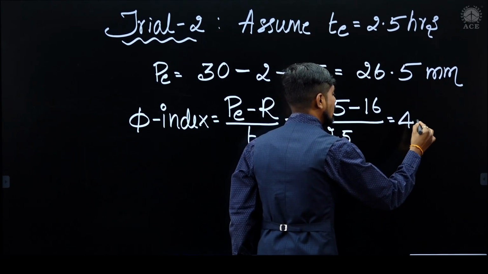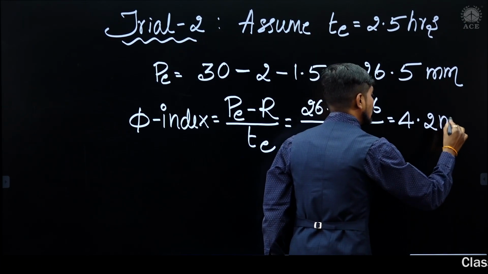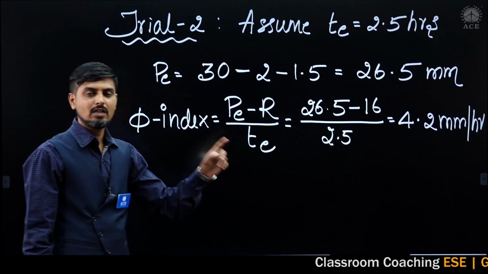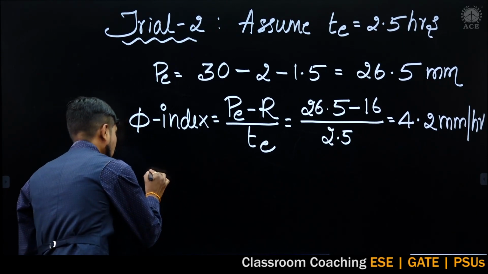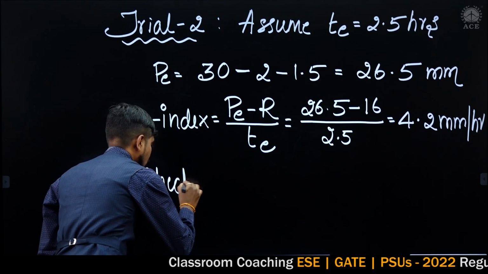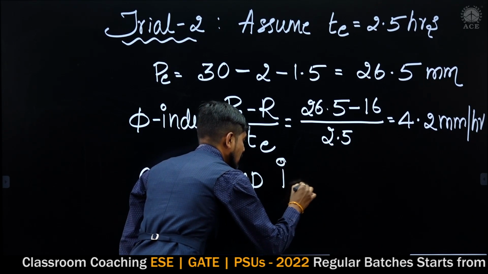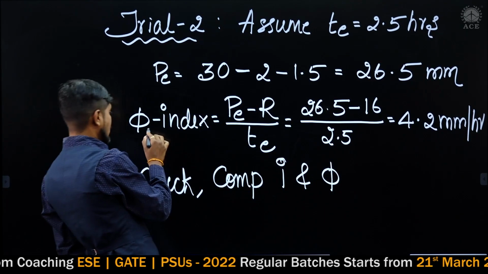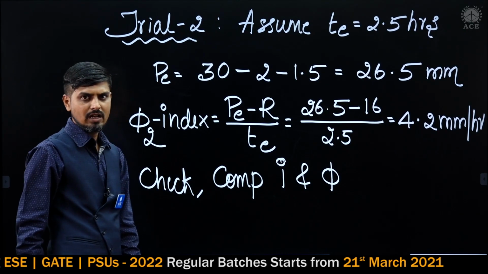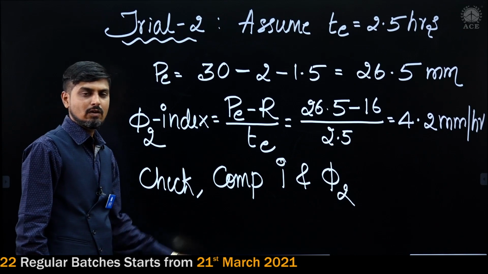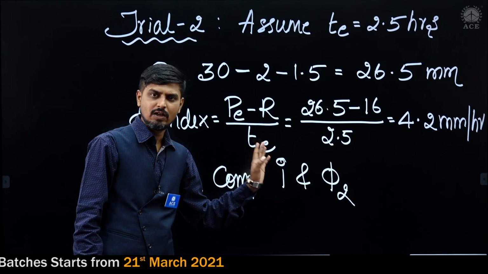You will get the answer 4.2 mm per hour. Now again you have to check. To check, again compare intensities and phi index. This is the second trial. I will call it phi 2. You have to compare the intensities with phi 2.